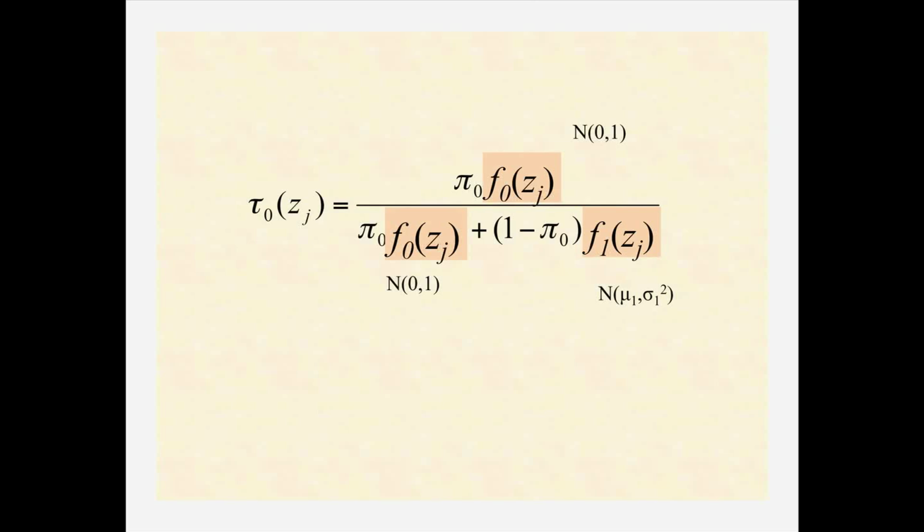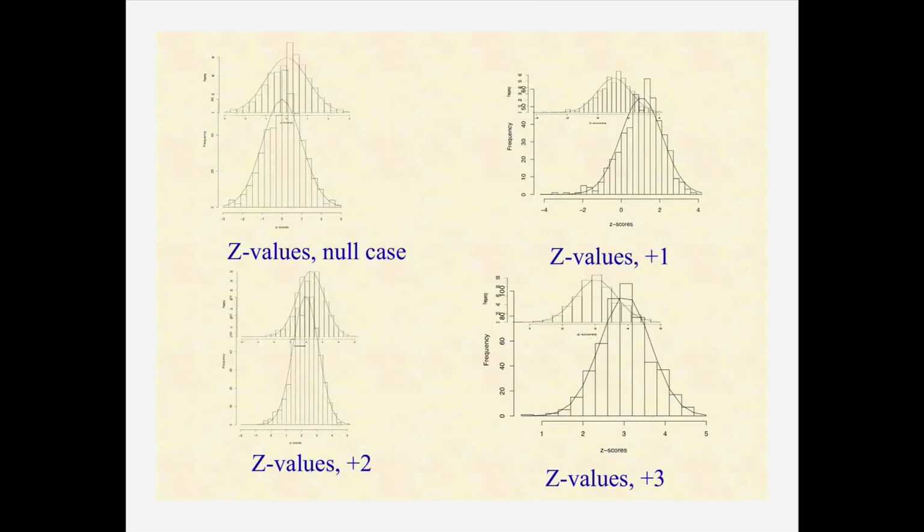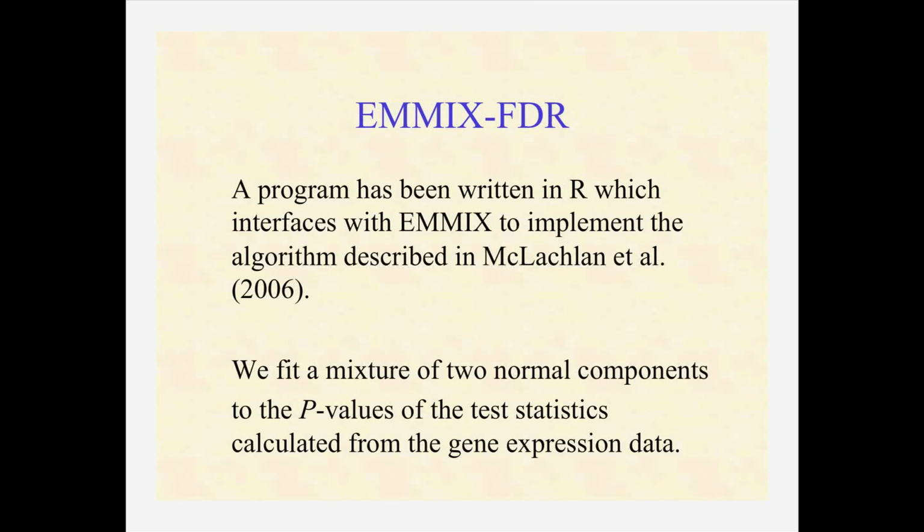Now, how do we fit this? This can be easily done. These are just some simulations. If you don't believe that the alternative distribution is behaving like a normal, then for effect sizes of 1, 2, and 3, you can see that it's basically a normal. Now, we've got this program, MMix, which stands for EM-based mixture analysis.